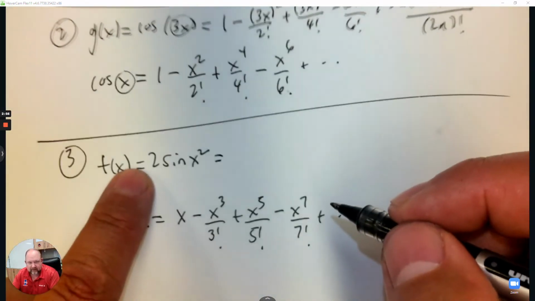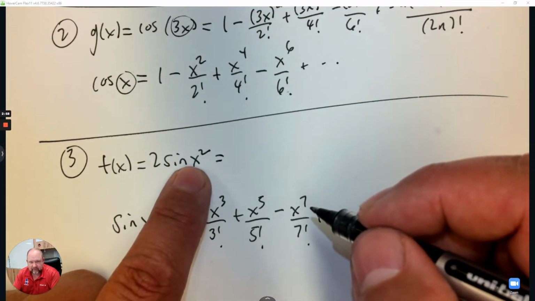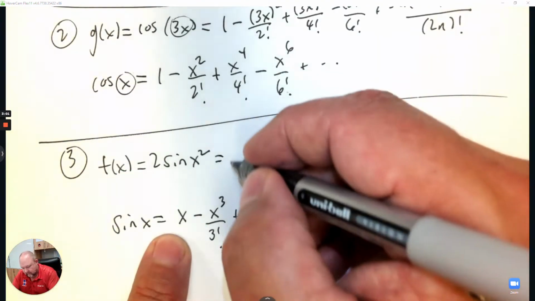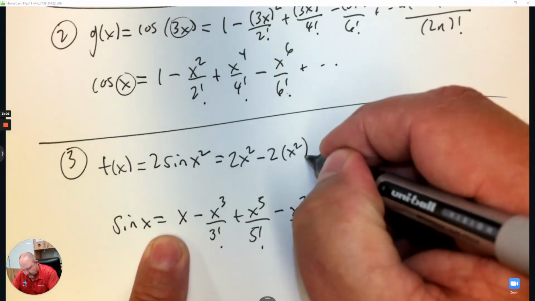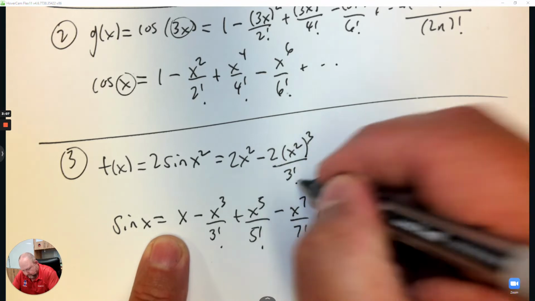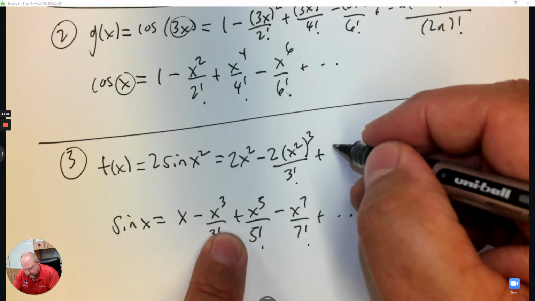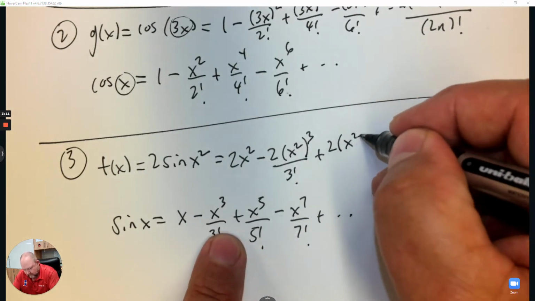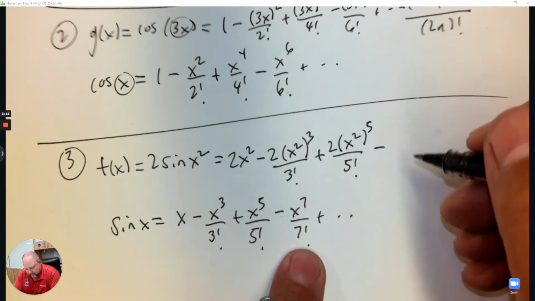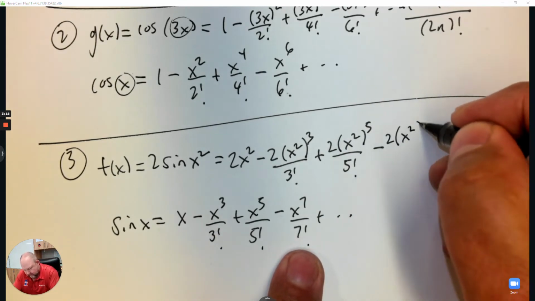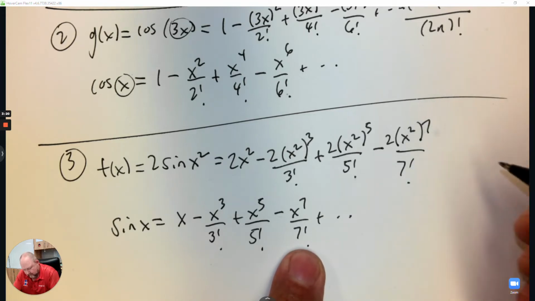First of all, you're going to multiply everything times 2, and then replace x's with x squared. So this is going to be 2x squared, minus 2 times x squared cubed, plus 2 times x squared to the 5th, minus 2 times x squared to the 7th, and so on.